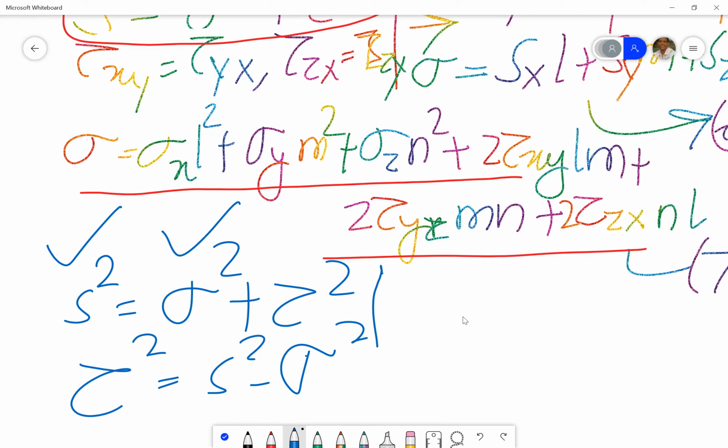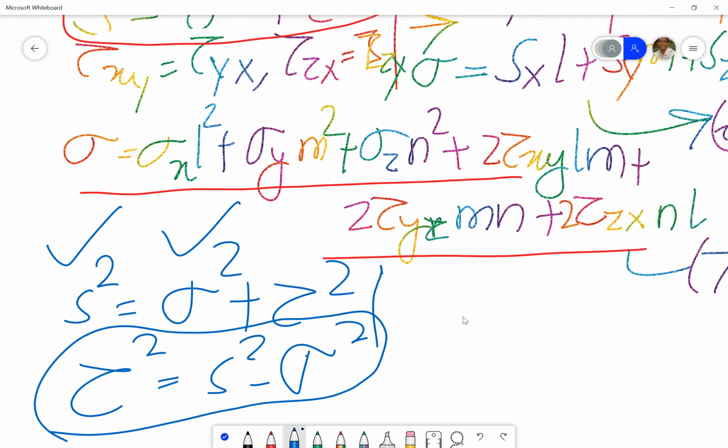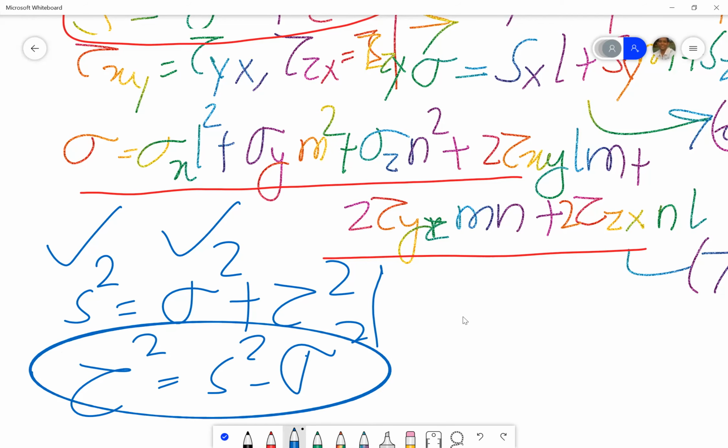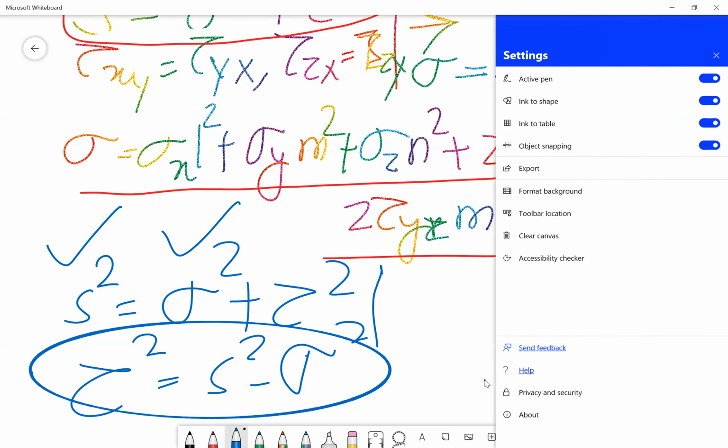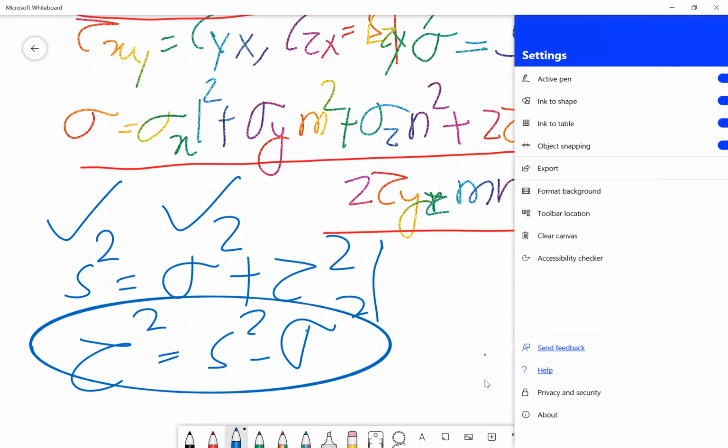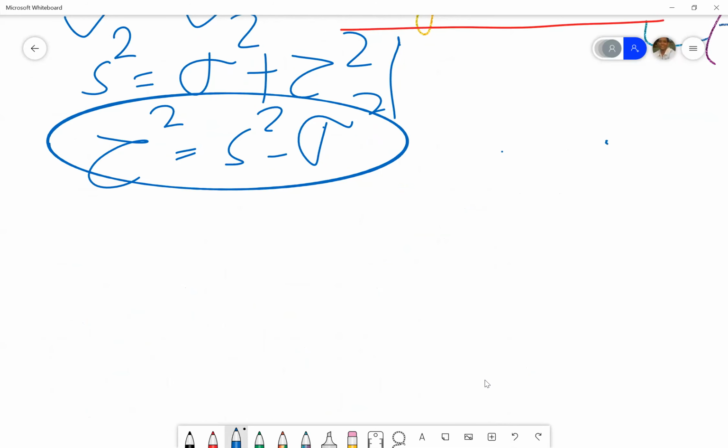Now in that format we can calculate the values. So if you put the values there, we will go for the calculations easily, and we will get the values of shear stress.